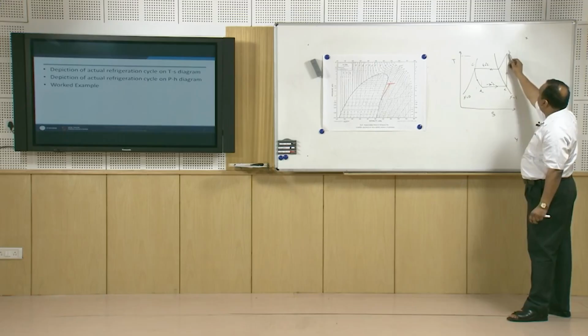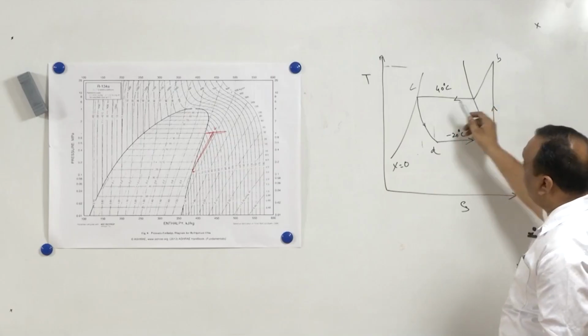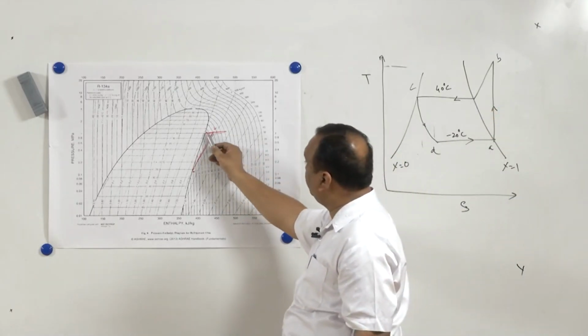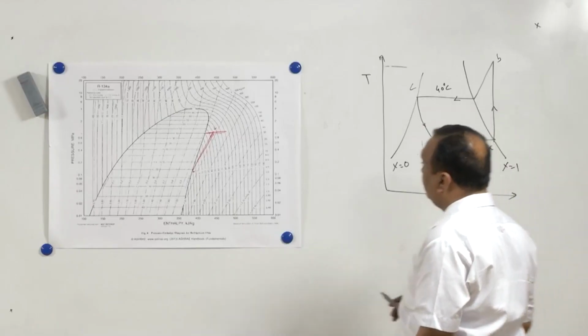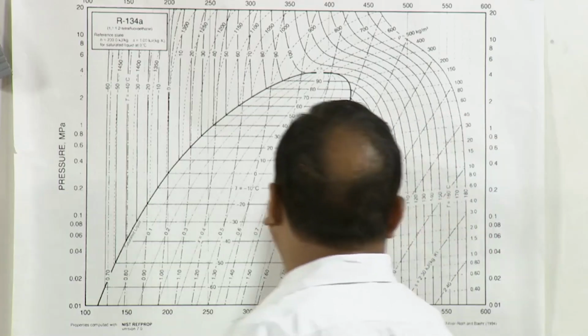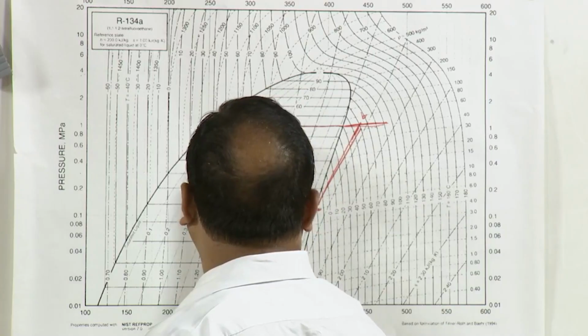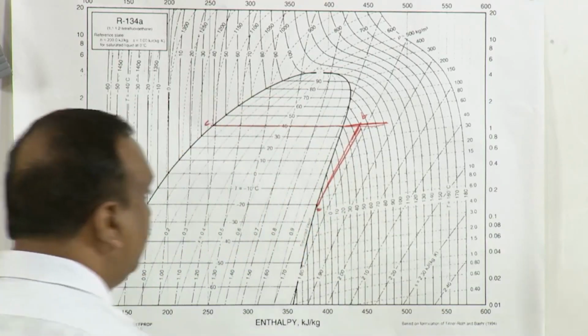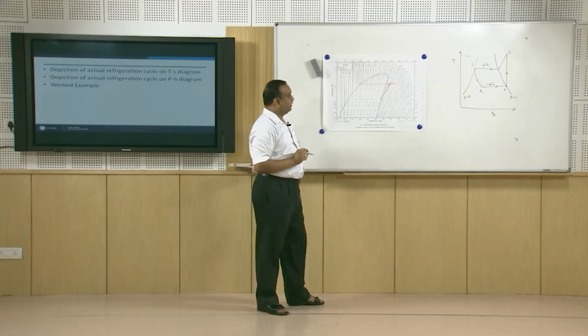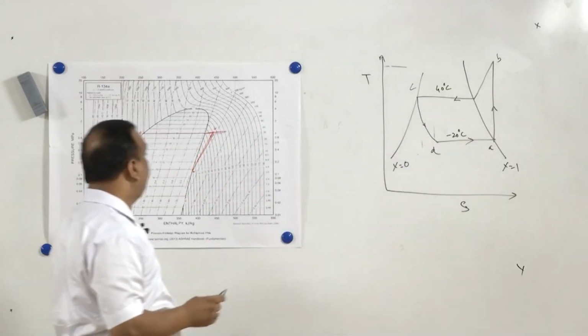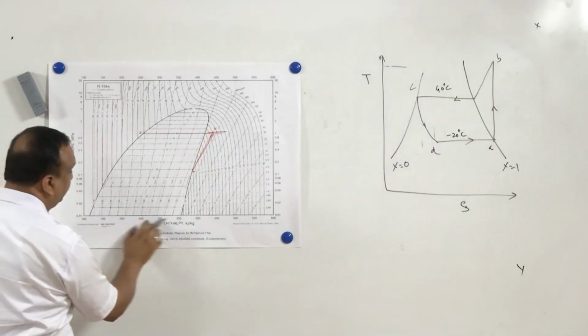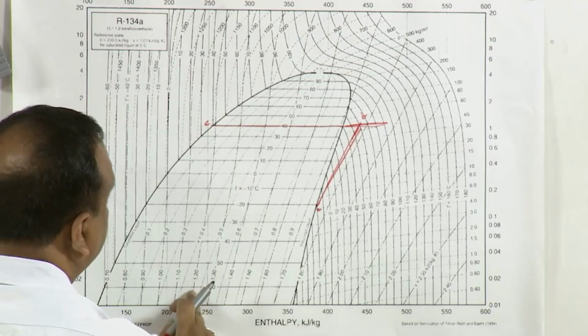Now, after state B, the desuperheating will take place. In this process, the desuperheating will take place, and further removal of heat will bring the state C. State C will come here. Now, process C to D is a constant enthalpy process, because constant enthalpy lines are vertical lines.